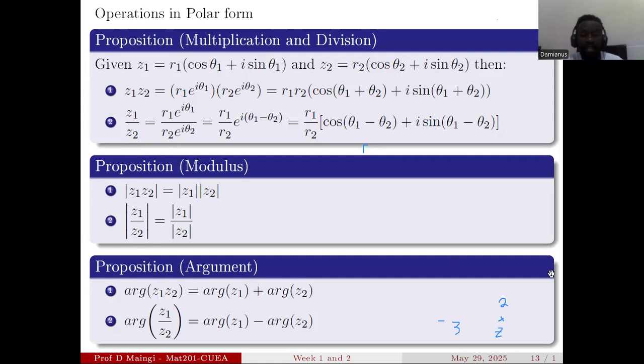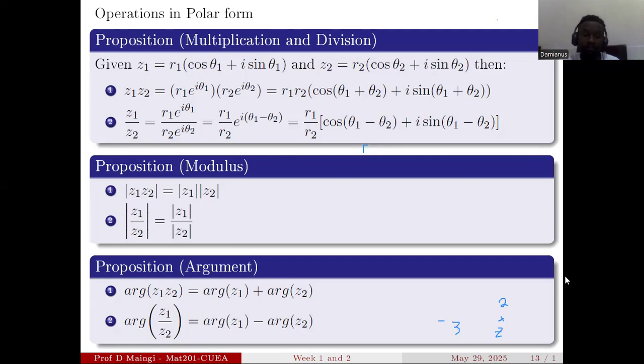And then lastly, the argument of the product of two complex numbers is the sum of the arguments, and the argument of the quotient is the difference. The argument of z1 is theta 1, the argument of z2 is theta 2. When you multiply, the argument is theta 1 plus theta 2, and when you divide, the argument is the difference. That's fine. Good.